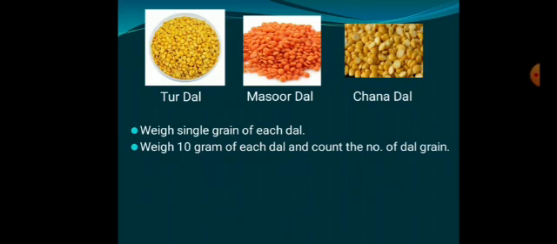Now, if we take a constant weight of each dal, suppose 10 grams of each dal, and count the number of dal grains, will it be the same? No, it will vary because the size of each grain varies. So here each dal grain is analogous to an atom of an element.